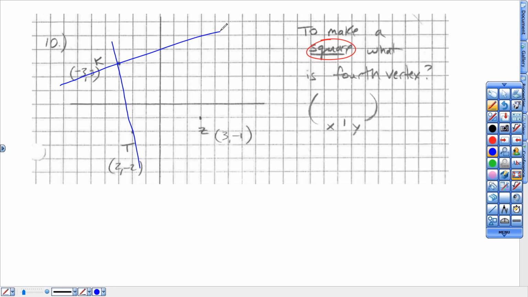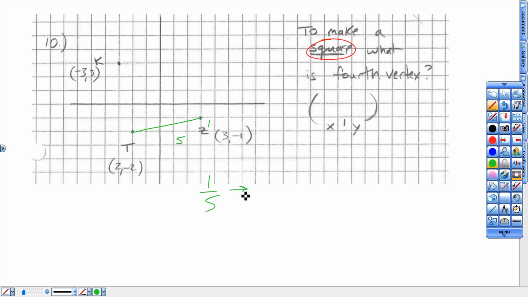Whatever you like, I'm going to start with just the bottom one, between T and Z. If I drew a little line, it looks like I'm going over 1, 2, 3, 4, 5, up 1. So the slope between those would be 1/5.